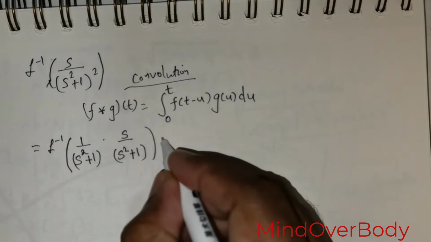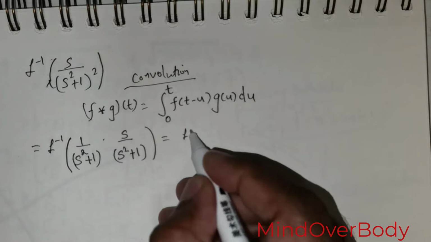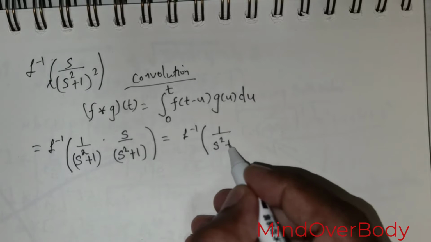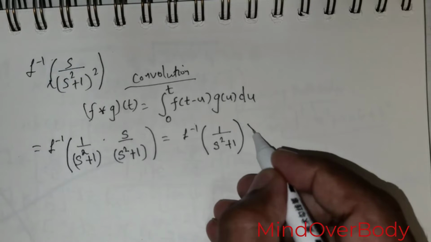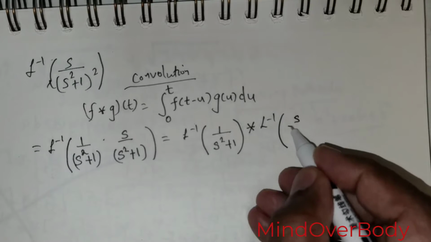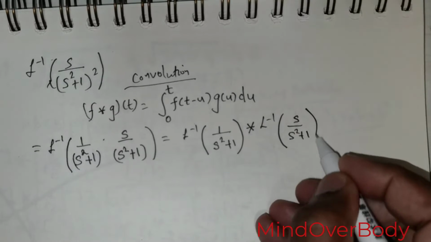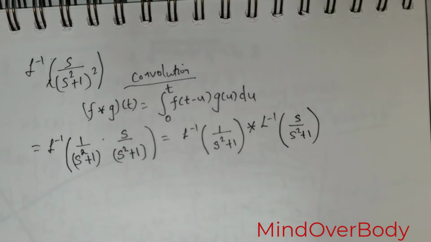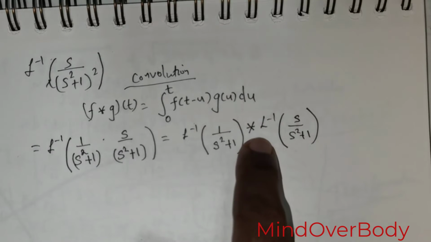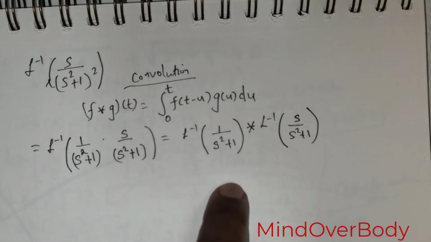But if I rewrite this as L inverse of 1 over s squared plus 1, asterisk, L inverse of s over s squared plus 1, now comes the convolution. You have to understand that convolution is not product; we call it asterisk.